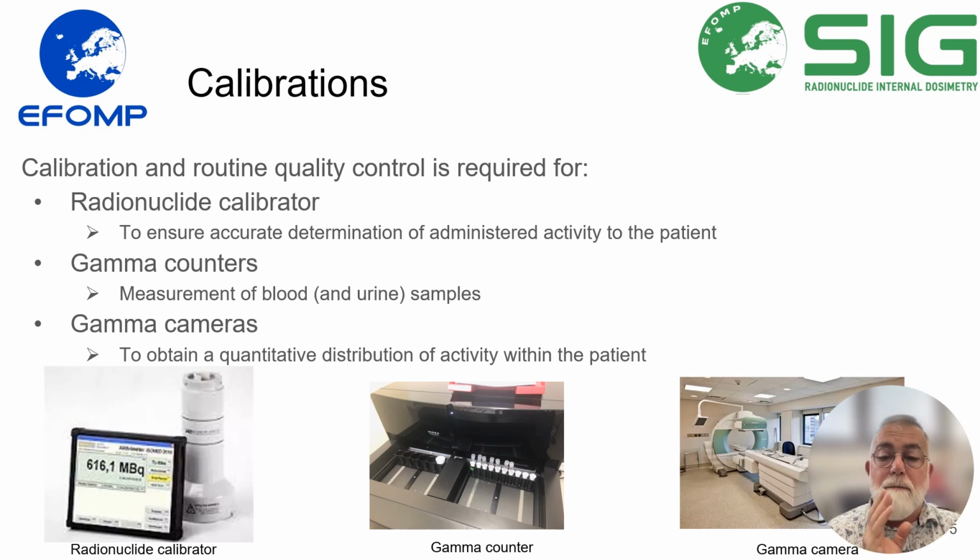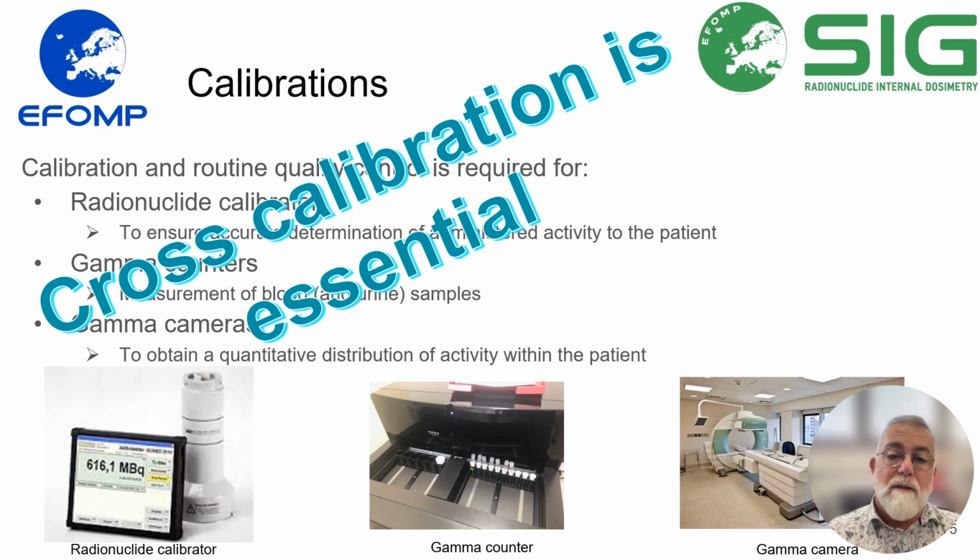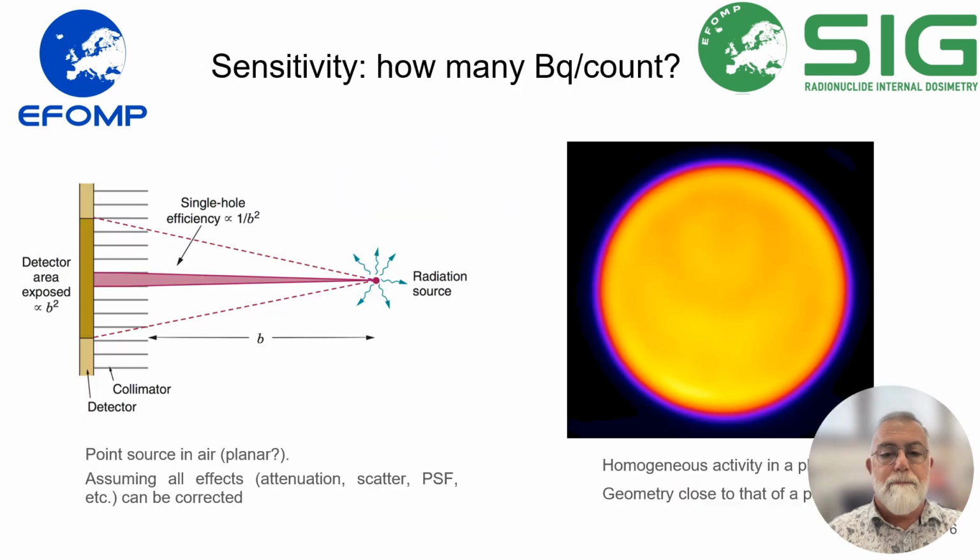So we tend to think immediately of gamma camera calibration, but we also have to calibrate the two other devices. And it's interesting to notice that cross-calibration is essential. So do your calibration on the same day, if possible using the same sources on the different devices, and that will increase the degree of confidence you can have in the whole process.